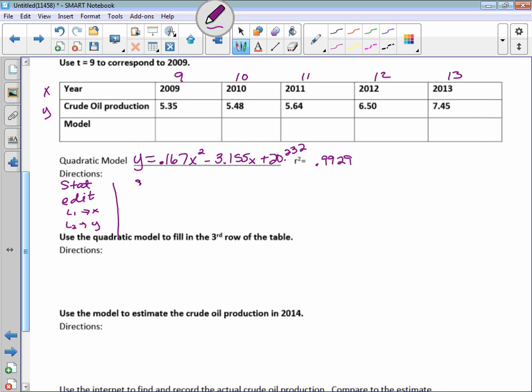All right, then we go back to stat. Pick calc. From the calc menu, we picked quadratic regression. And then for store regression, remember it was Vars, Y-Vars, over here.